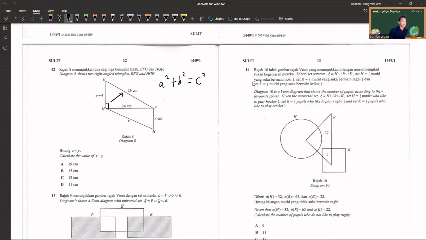So 26 is the hypotenuse. In this other triangle, x is the hypotenuse.